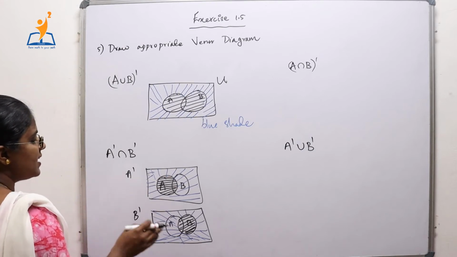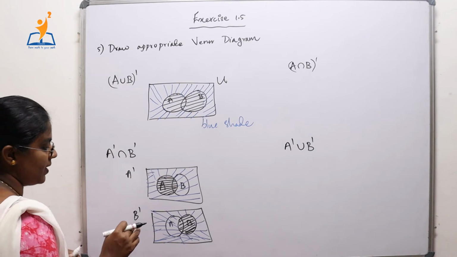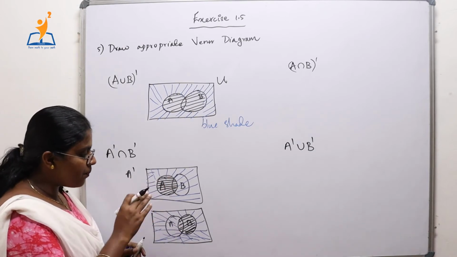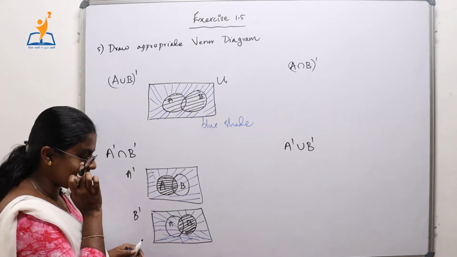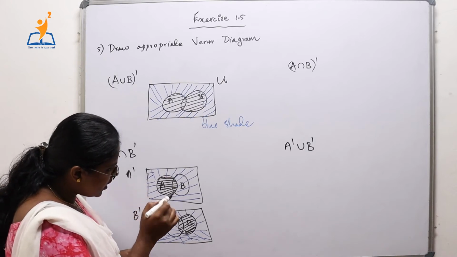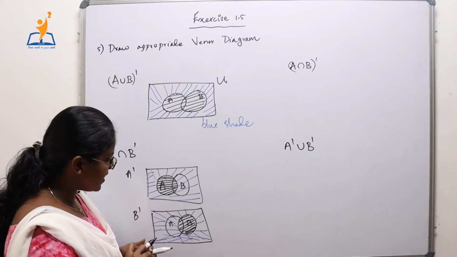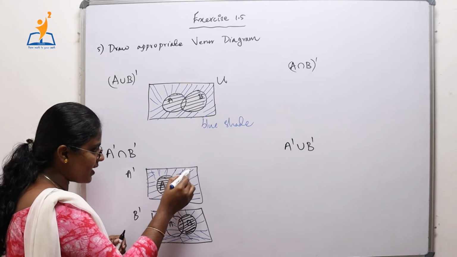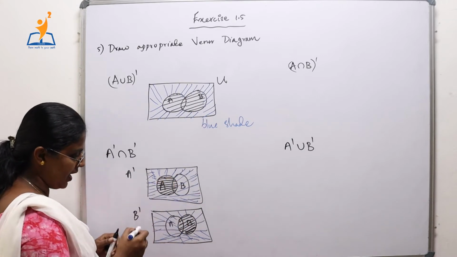Now we want the intersection of A complement and B complement. Look into both of these figures. Which areas are commonly shaded with blue in both of these figures? We know that the outer region of the circles is shaded with blue here.